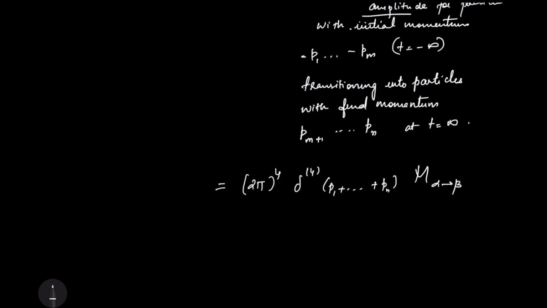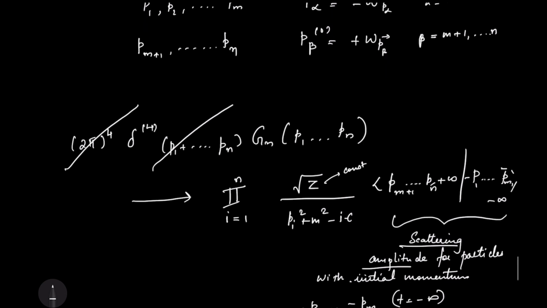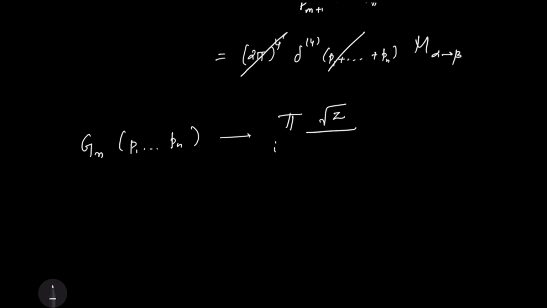Okay, now if you see the LHS, there is a 2 pi to the power 4 and Dirac delta, and on the RHS I have a 2 pi to the power 4 Dirac delta. So both will cancel from each side, and finally I can write the endpoint function G_n equal to the product of i root Z divided by p_i squared plus m squared minus i epsilon, times M_{alpha beta}.